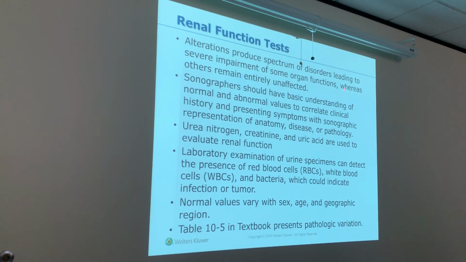Creatinine is very important for us as imaging professionals, because we do inject contrast into the body, and if your creatinine's too high, then it can throw you into renal failure.